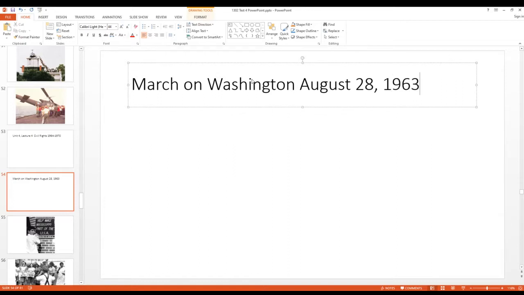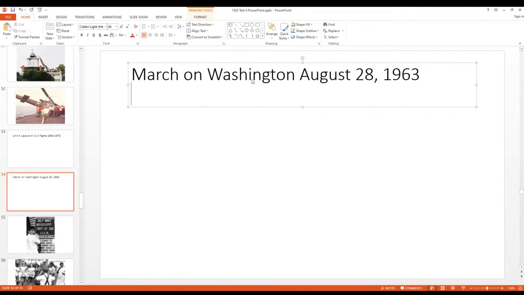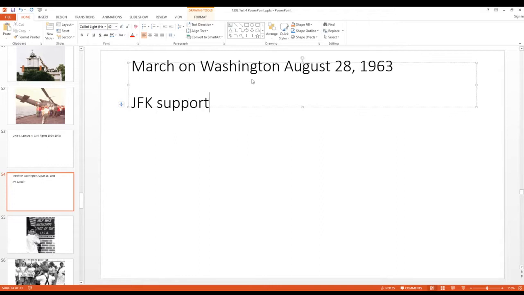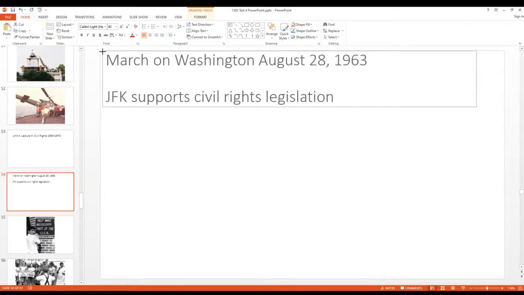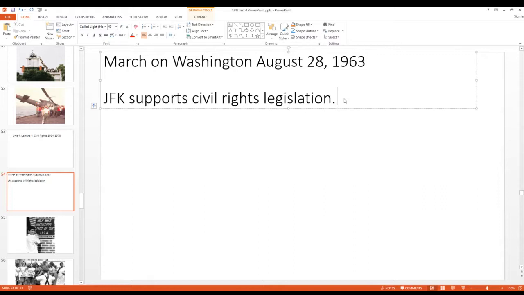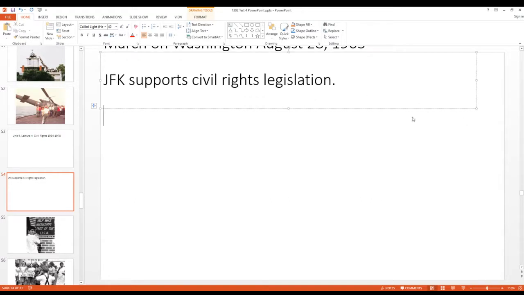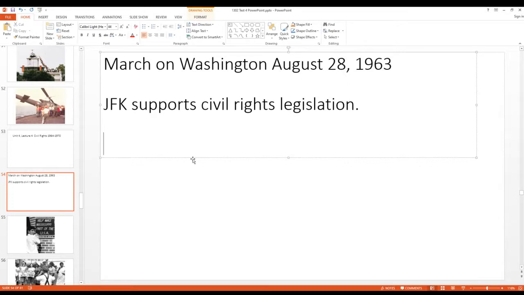You recall that President Kennedy had given support to the idea of civil rights legislation, and so the March on Washington had been a way to remind the president of his promised support on civil rights. Now, Kennedy had died less than 3 months after the March on Washington, and so he was unable to carry through with his promise.